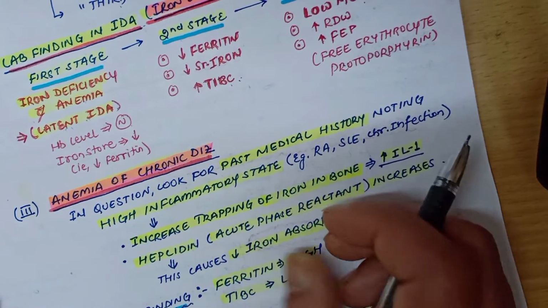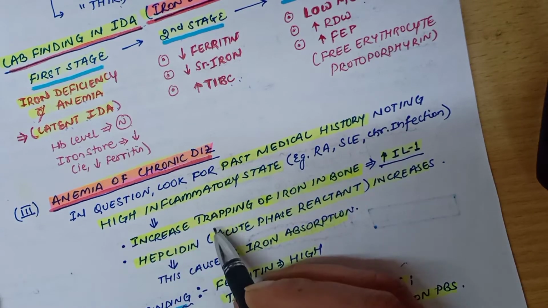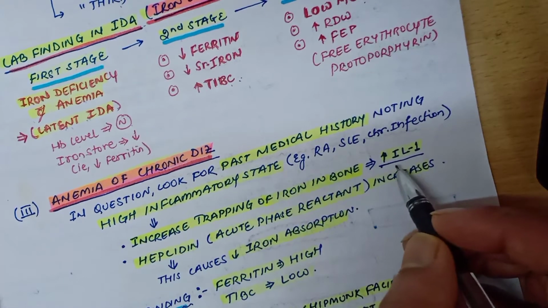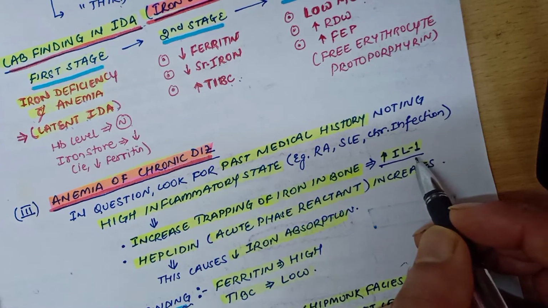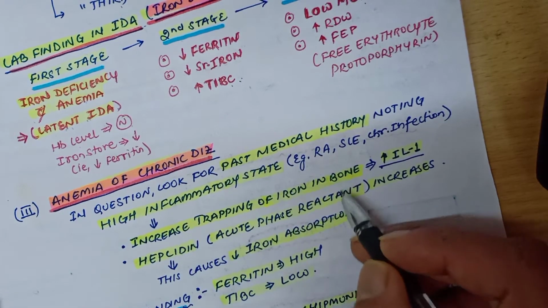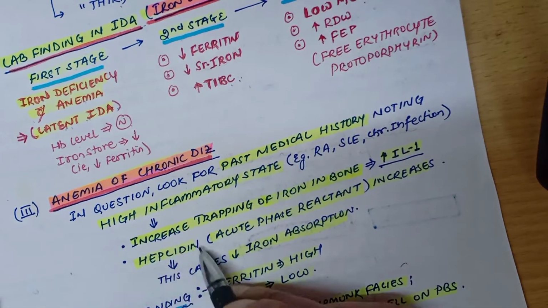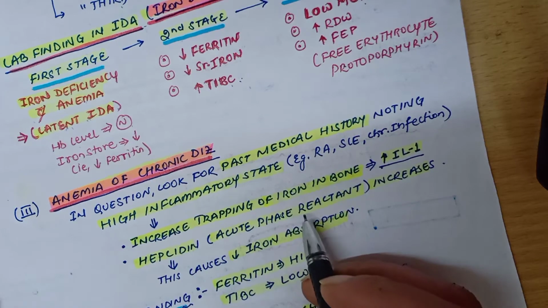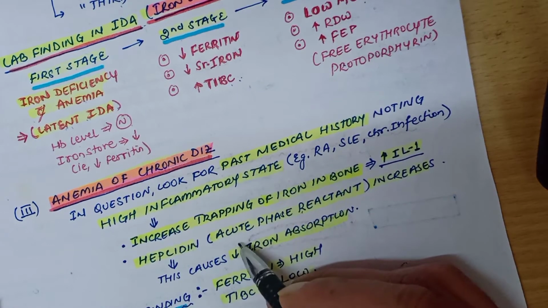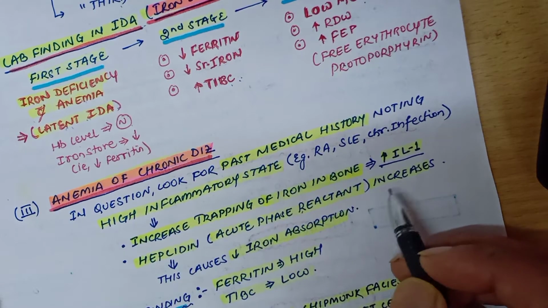In anemia of chronic disease, there will be increased trapping of iron in the bone, which will cause release of interleukin 1. And the hepcidin level, which is an acute phase reactant, increases in this case.